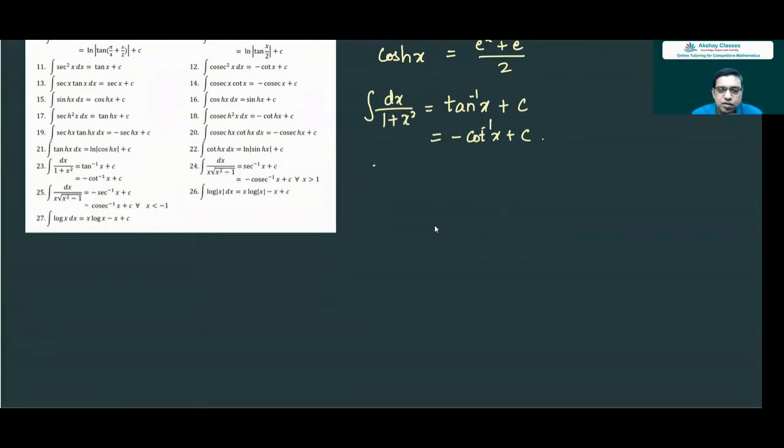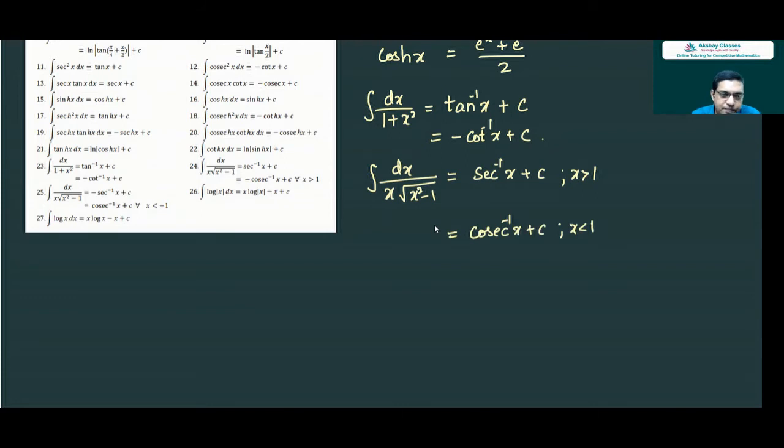There is one more. Integral of dx upon x root of x square minus 1. This will be secant inverse x plus c if x is positive, or cosecant inverse x plus c if x is negative.